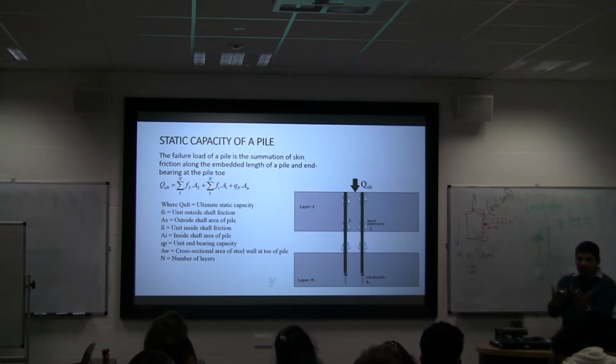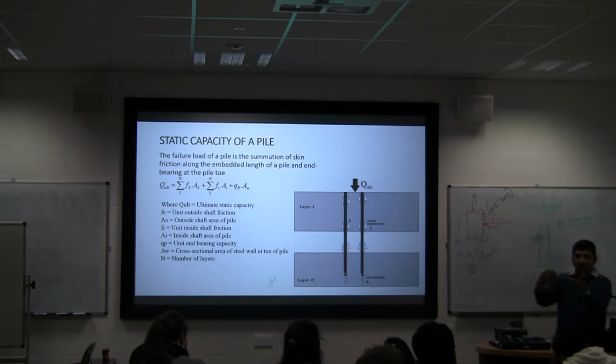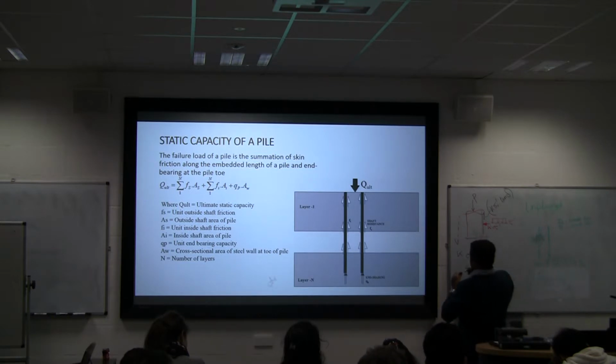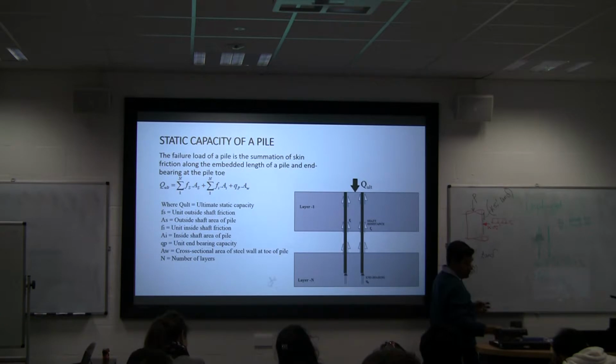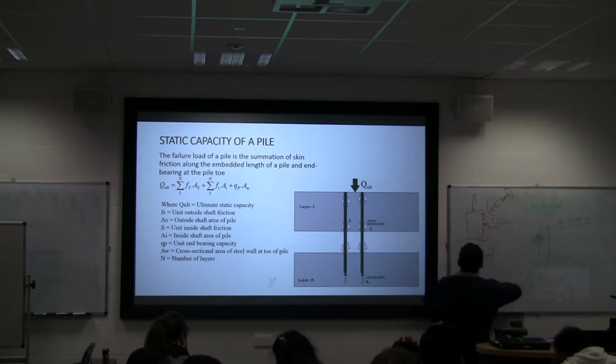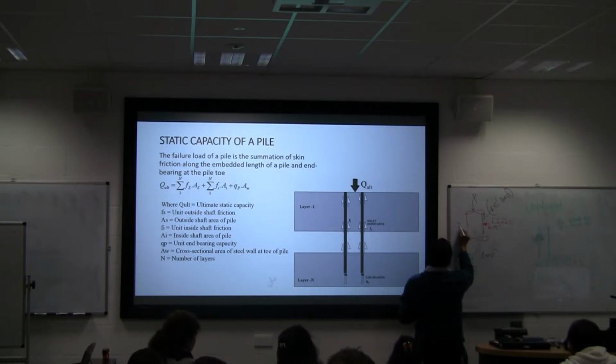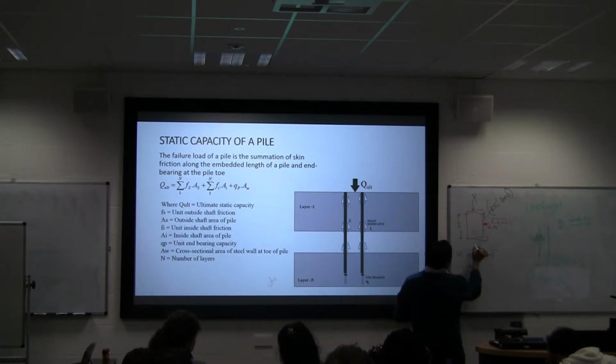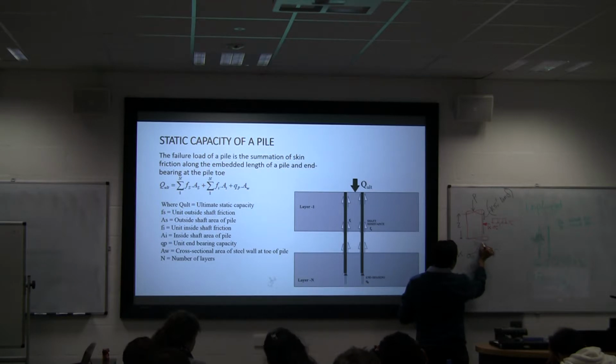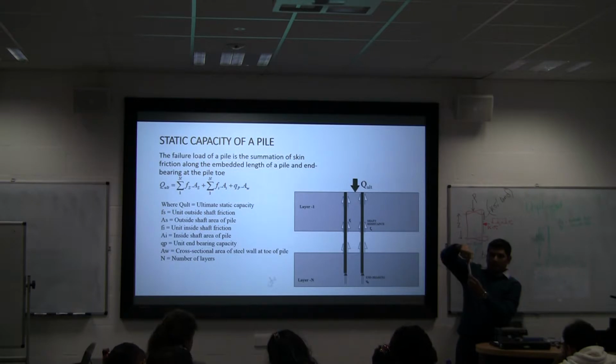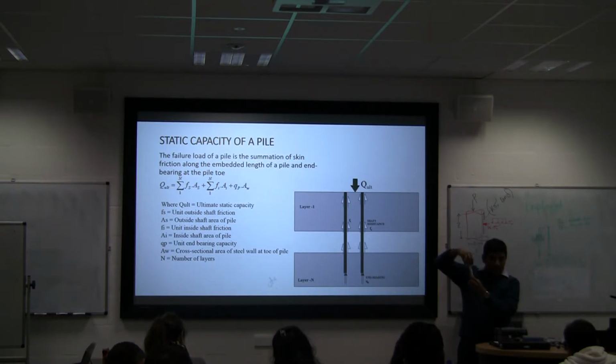And then the force will be what? Where is it acting? Everywhere, all around. So if this distance, this small element, is Z, and the diameter is D, what is the area? Pi d z.